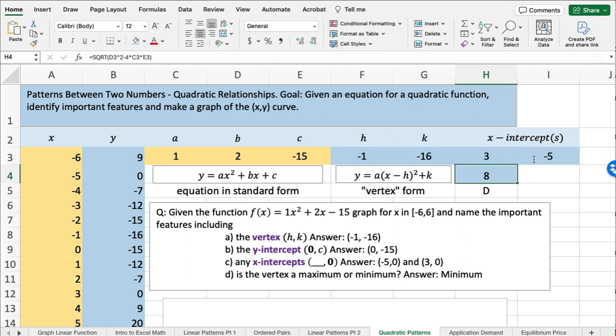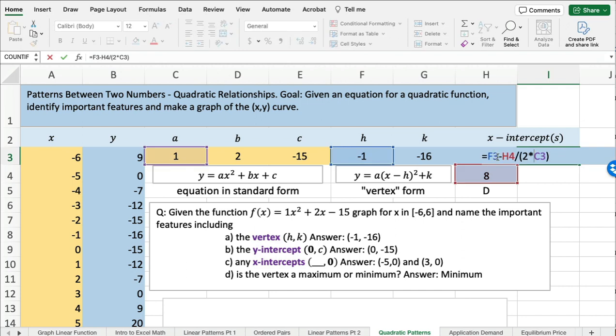The second x-intercept is very similar, but instead of adding H4, we're going to subtract H4. So you're going to have F equals F3 again, equals H minus H4 divided by 2 times A. And don't forget to put the parentheses around the 2 times C3 there in your cell for the other x-intercept.